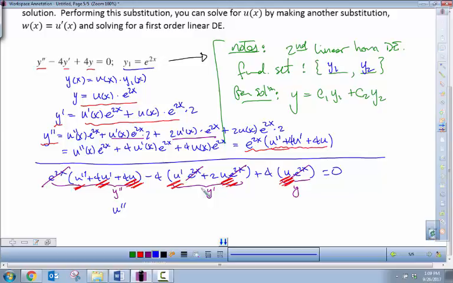Why is that? We look at your original in 4y. 4y? Yeah, 4y. Okay, I was wondering where the u came from. That's right up there.